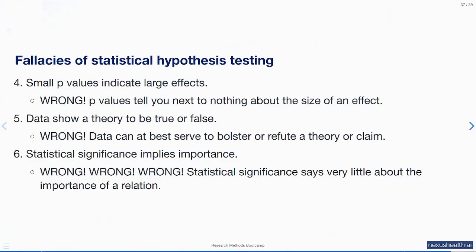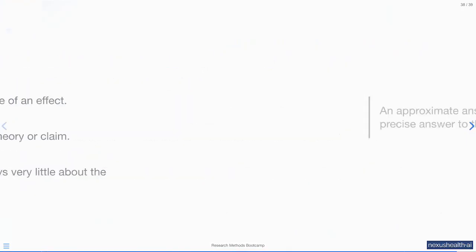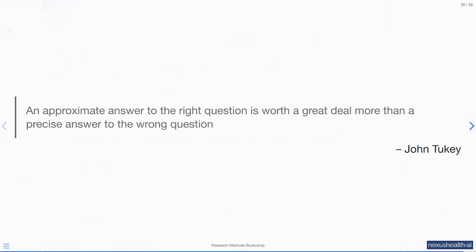Statistical significance says very little about the importance of a relation or association. According to John Tukey, a famous statistician, an approximate answer to the right question is worth a great deal more than a precise answer to the wrong question.